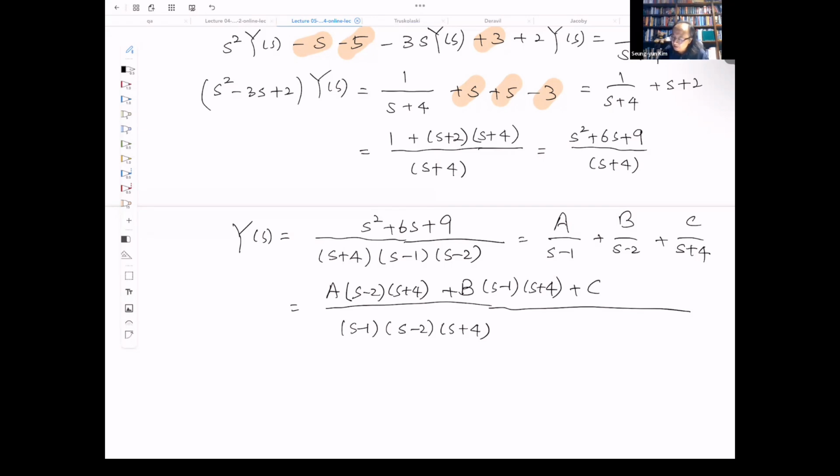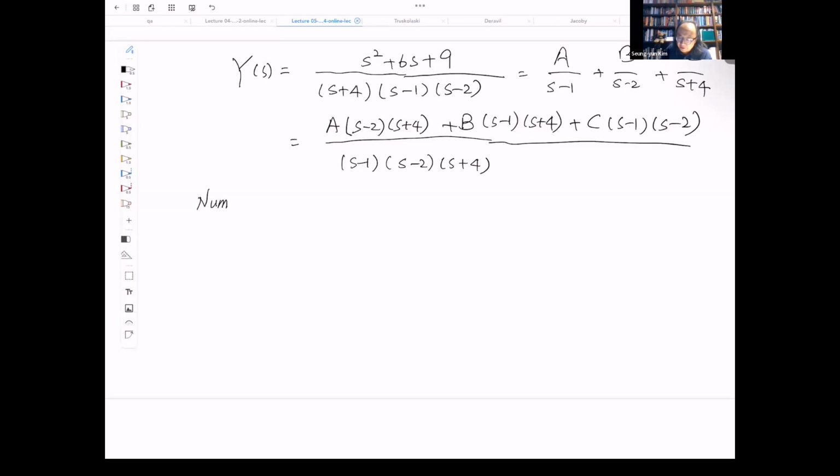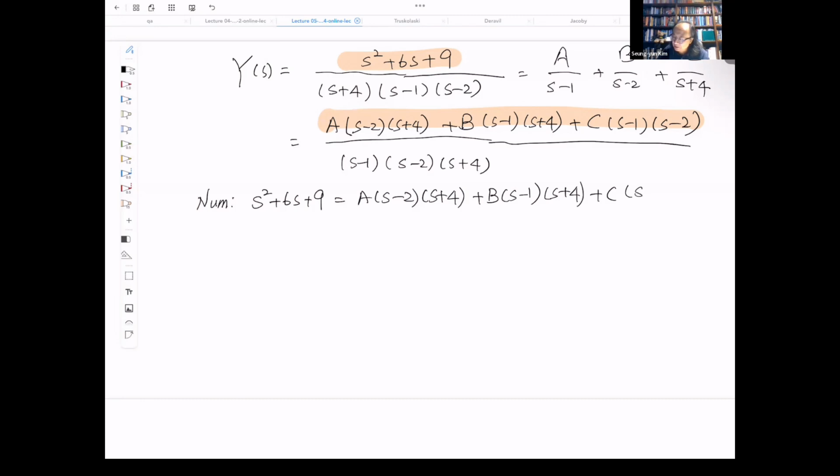For C, I have s plus 4 in my denominator, therefore I need s minus 1 and s minus 2. Now I'm going to write the numerator: s squared plus 6s plus 9 equals A times s minus 2 times s plus 4, plus B times s minus 1 times s plus 4, plus C times s minus 1 times s minus 2.